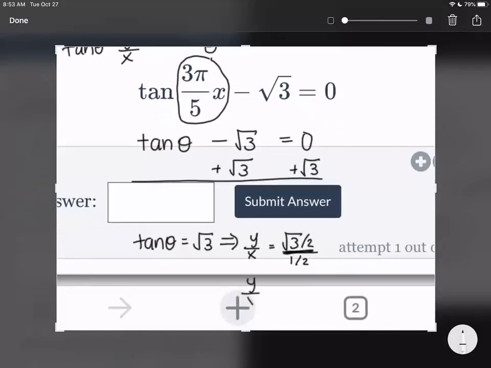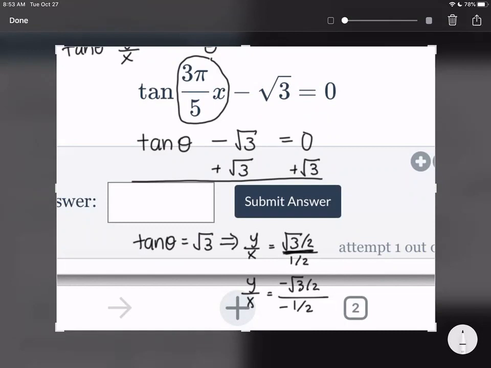So we have y over x can also be the negative radical 3 over 2 over the negative 1/2. So this can also give you positive radical 3 when you divide it, because a negative divided by a negative will give you a positive.